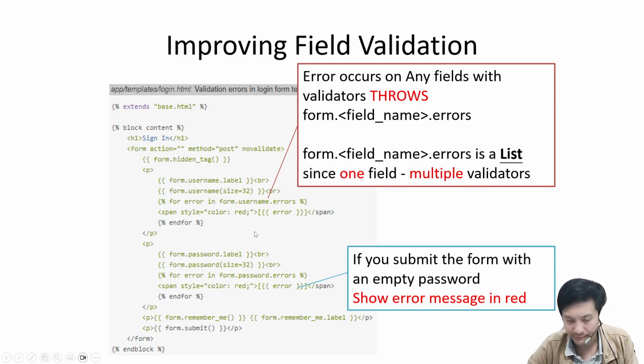Every error will be printed out, since there is a chance of multiple errors. For example, you input something, you may trigger the password being too short, and then the password format being too simple. There are two types of error. You want to print all of the errors one by one with a loop so that the user can understand the problem they are facing, and they need to resolve it.